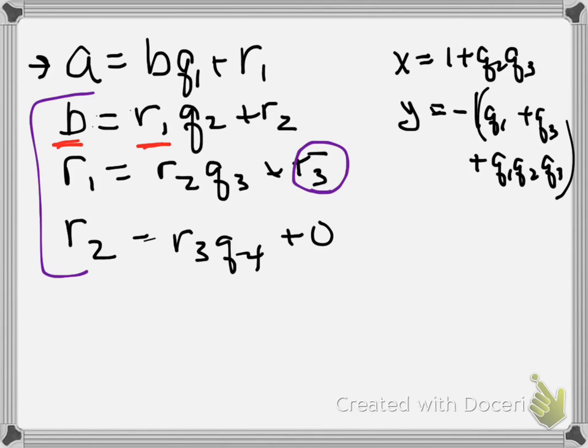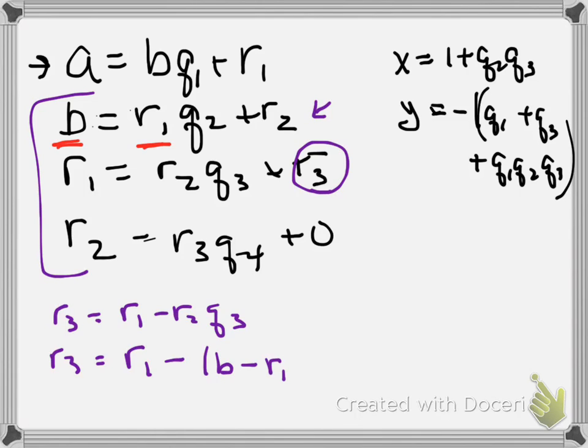So if I take that equation and I solve these equations right here for R3, I'm going to get R3 equals R1 minus R2 Q3, and then I'm going to substitute in there, so R3 is R1 minus R2. Okay, I can simplify this equation, and that's B minus R1 Q2 times Q3.